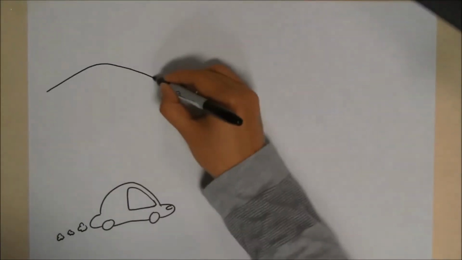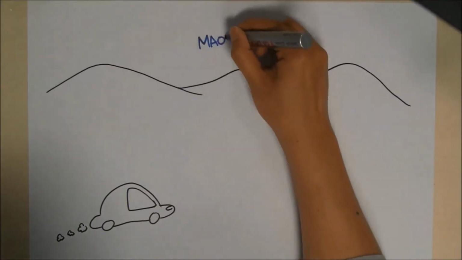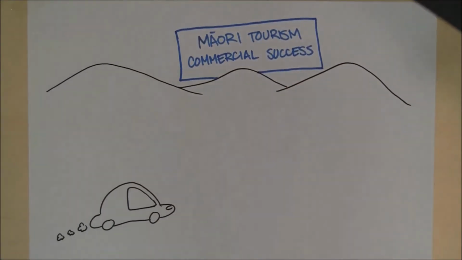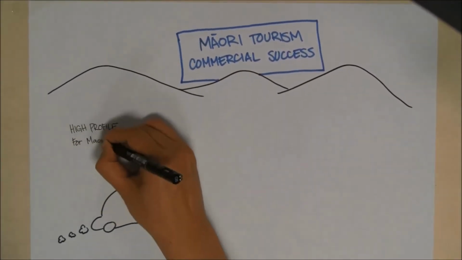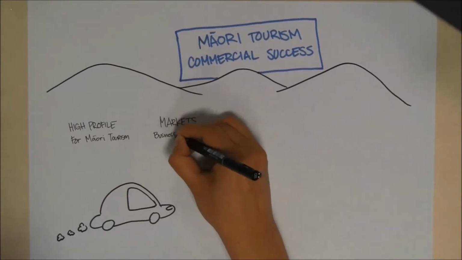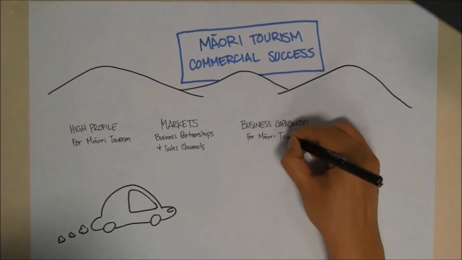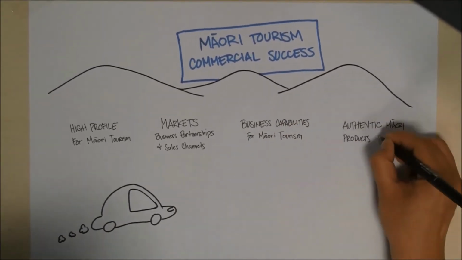To help work this out, New Zealand Māori Tourism worked with Te Puni Kōkiri, Poutama Trust and the then Ministry of Economic Development to develop an intervention logic that would focus and guide the work. This process identified four key elements that needed to be strengthened in order for that medium-term goal to be realised.